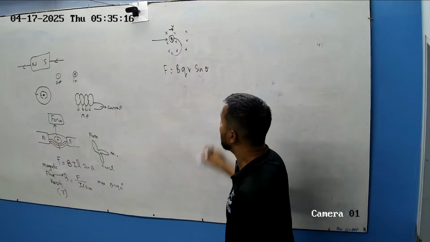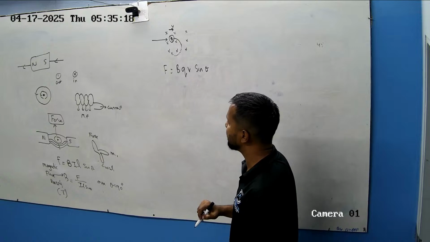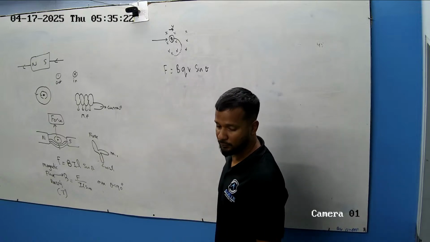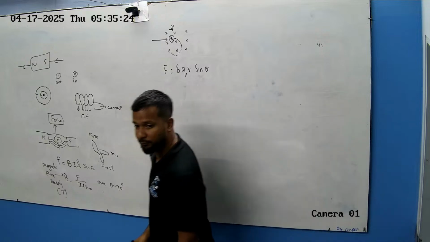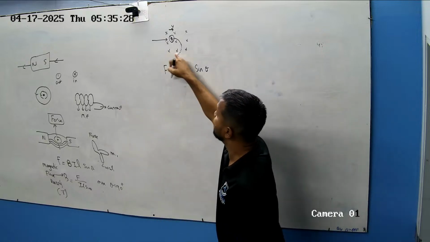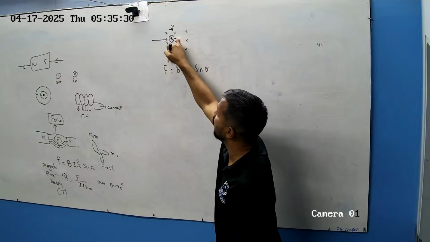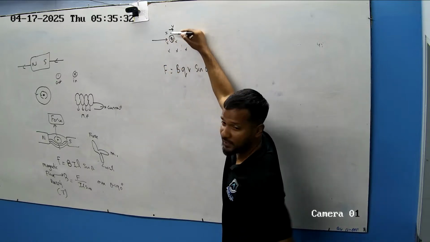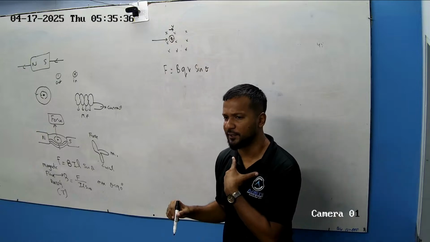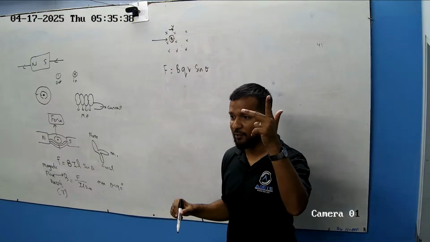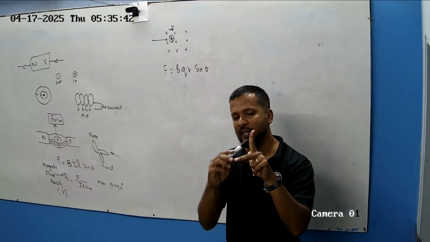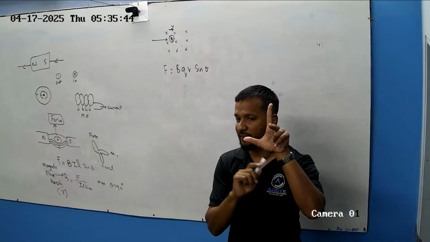So we need to remember how to find that force and how to apply it. As the particle moves in there, if you remember, how do you find the direction of force? Left hand rule. According to the left hand rule, if I have current moving in a magnetic field, I'll get a force.